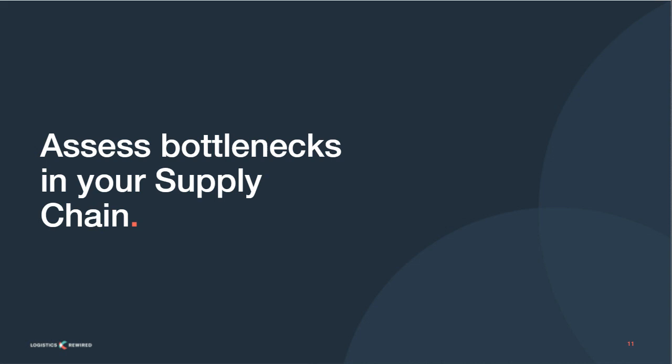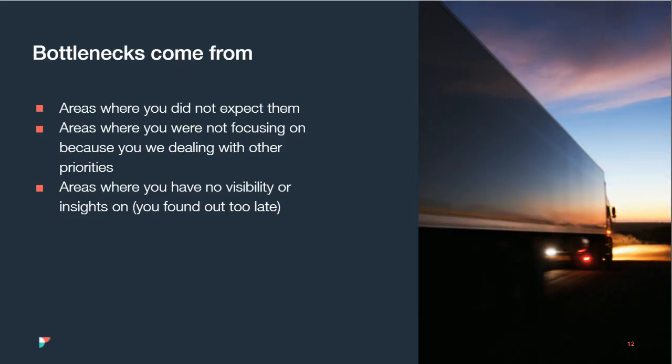Somewhere else in the supply chain, and I need to say that. And as we are changing our setup, we bring along new unexplored events. And in many cases, these bottlenecks then come from 3 different areas, actually, right? The first area is a bottleneck where you did not really expect them to come from, right?